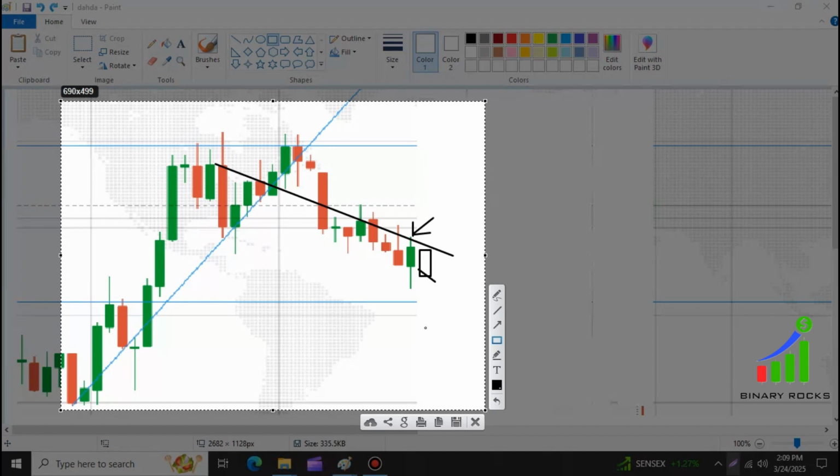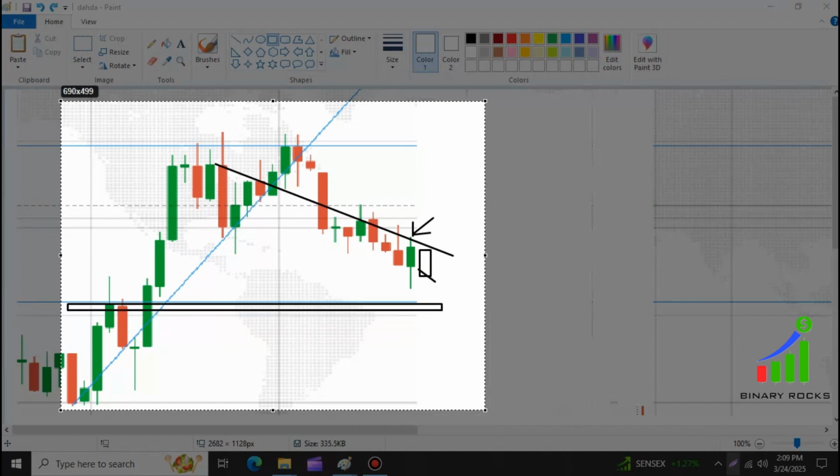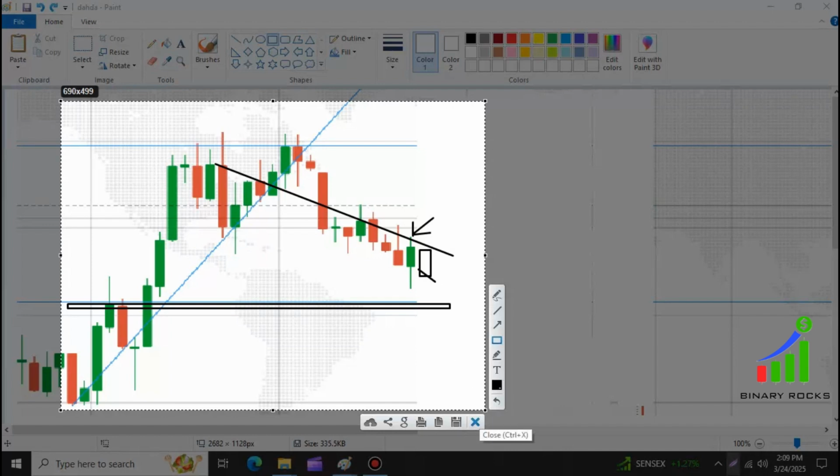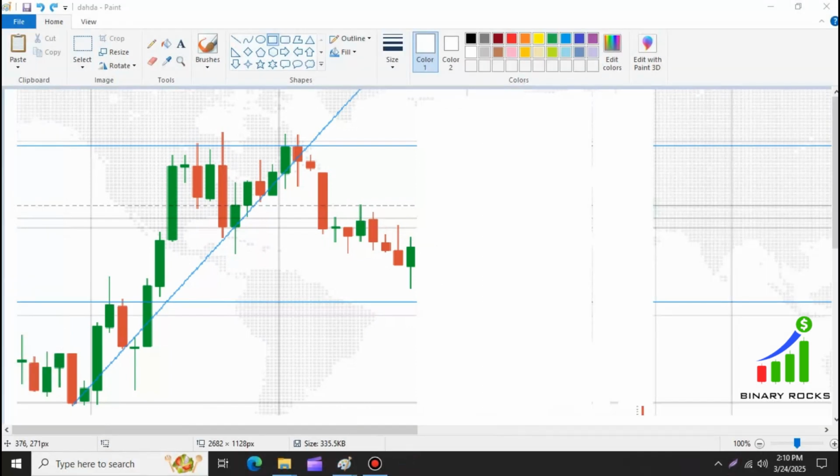See, so maybe the reversal will be here, not there. Why? Because this is a strong area. Previously I have checked this area, which is a strong area. So you can easily go up to this area with sellers. So I can easily continue with the sellers with valid confirmations, and there is a trend line which previously respected these areas. So my answer is the next candle will be a selling candle.